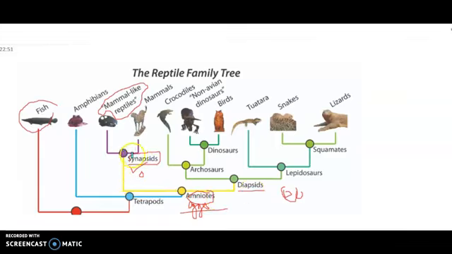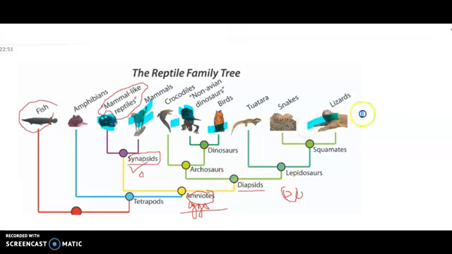Synapsids are us, mammals and mammal-like reptiles. While diapsids are our dinosaurs, non-flying dinosaurs, birds, and crocodiles, and diapsids have two branches, archosaurs and lepidosaurs.